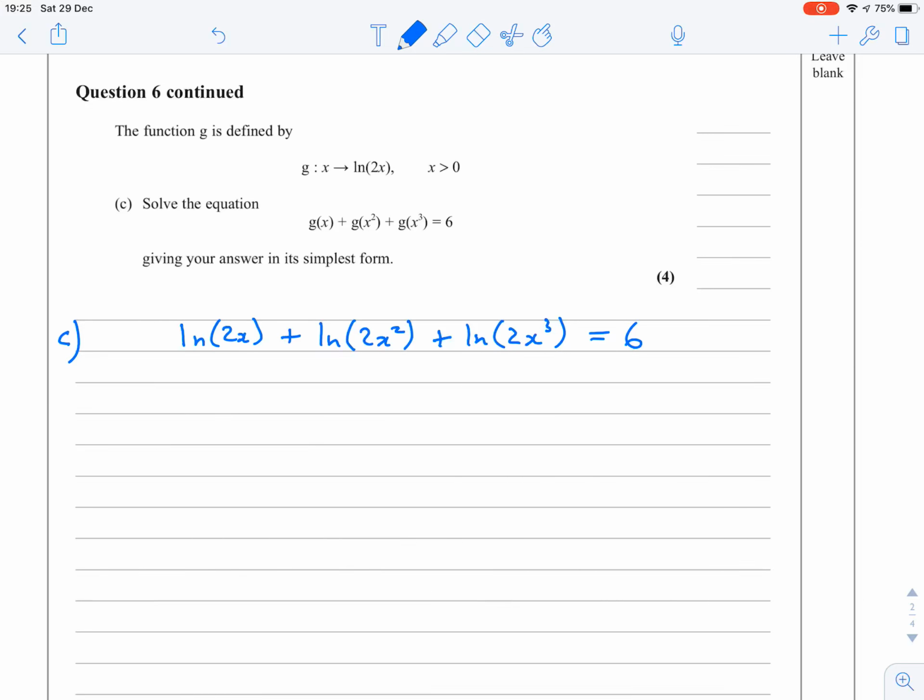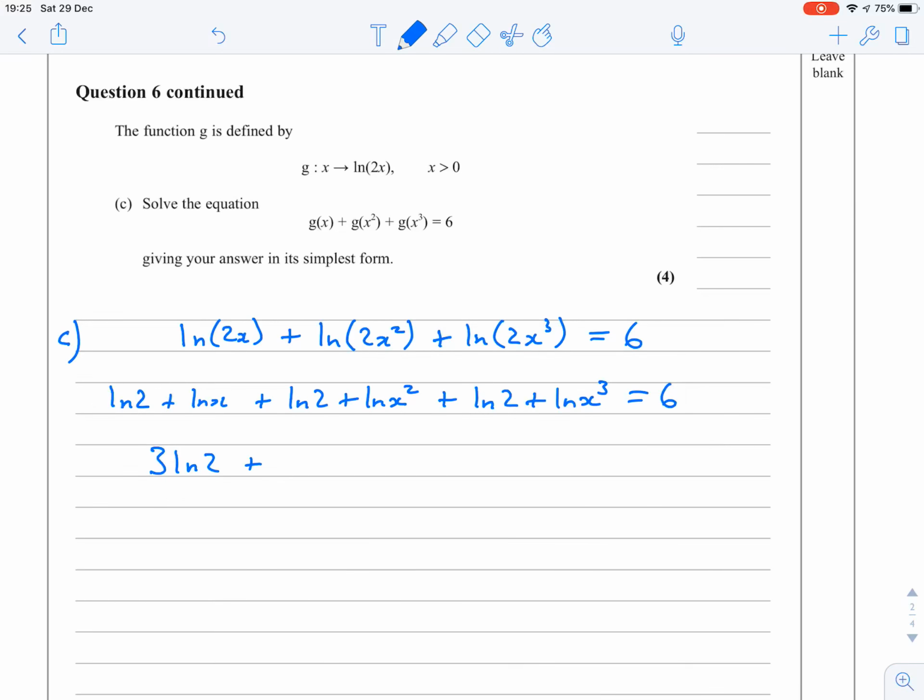And each of those three logs can be split into two. So I can say log 2x is log 2 plus log x. Next one is log 2 plus log x squared. And the third one is log 2 plus log x cubed. I've got 3 log 2's to add together, so that's 3 log 2.